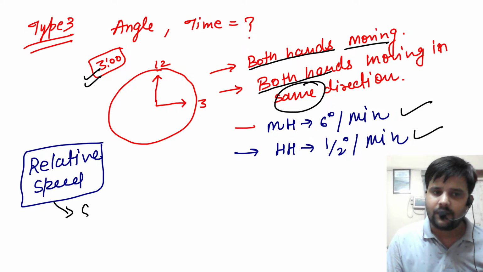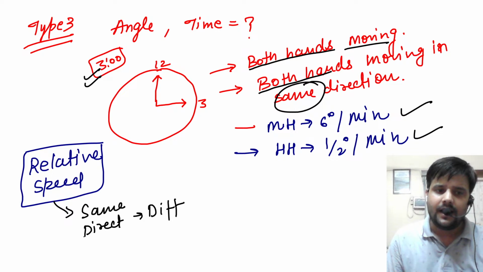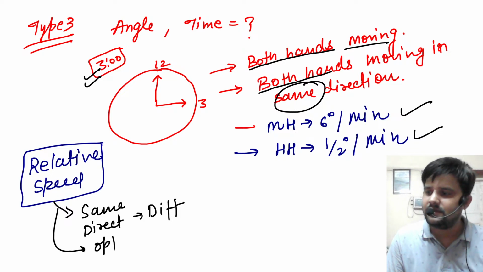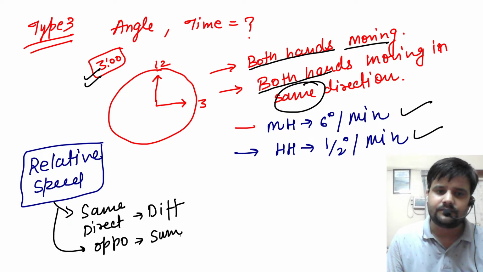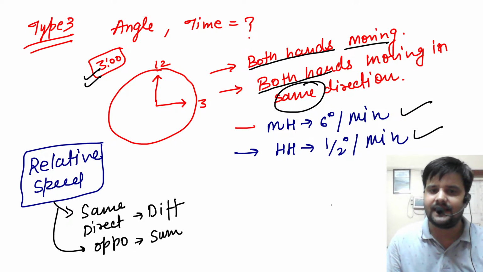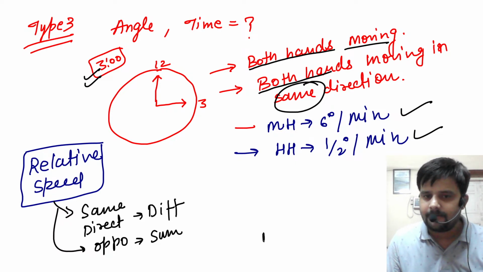If you remember, relative speed in the same direction is the difference of the speeds, and relative speed in the opposite direction is always the sum of the speeds. What is relative speed exactly? Let's say you are here and your friend is here.